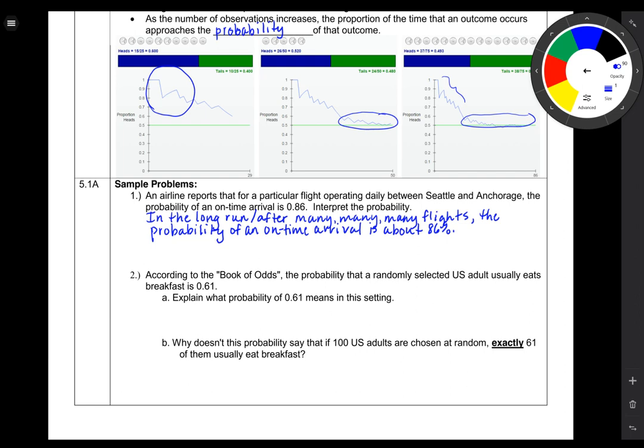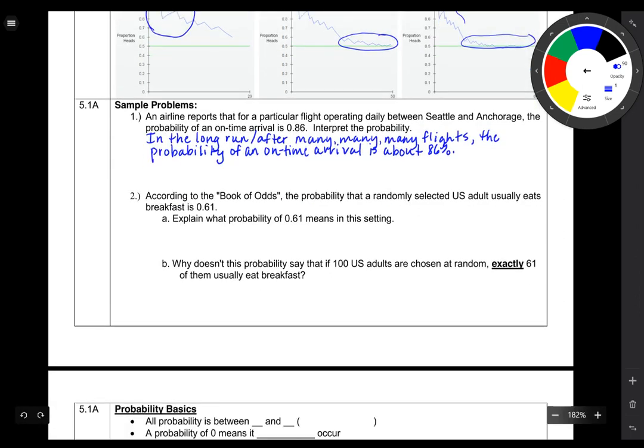Okay, second example. According to the Book of Odds, the probability that a randomly selected US adult usually eats breakfast is 0.61. Explain what a probability of 0.61 means in this setting. So we want to word it a little differently, but it still is interpreting probability.